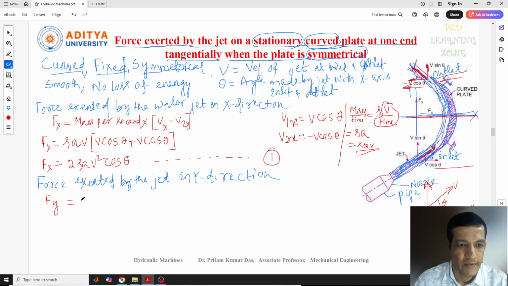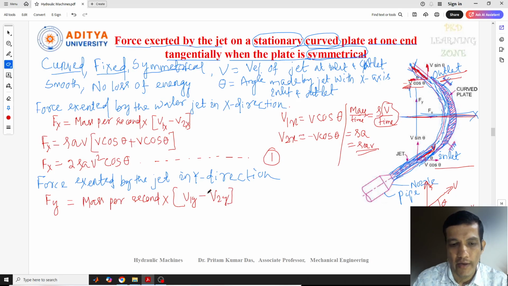We can write this is the mass per second. Same thing, what we have written there, same thing we can write, the mass per second into the velocity difference. Okay, the change in velocity, that is nothing but V1y minus V2y. Somewhere it will be given, it will be identified from F equal to ma, mass into acceleration, then m into dv by dt.